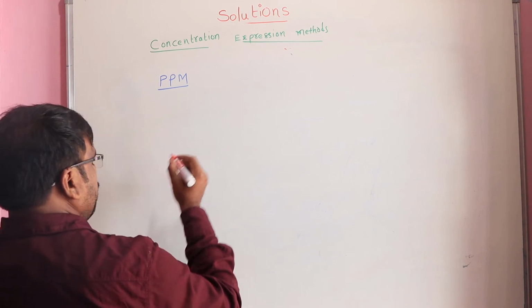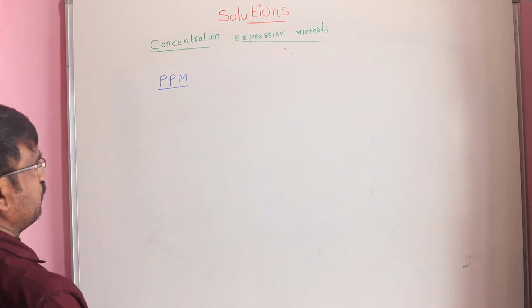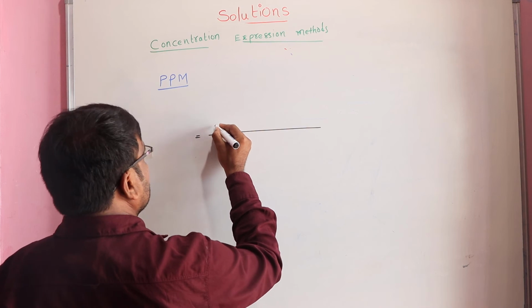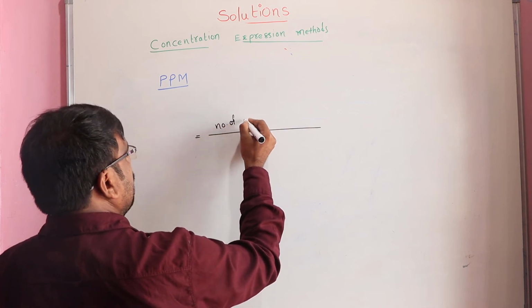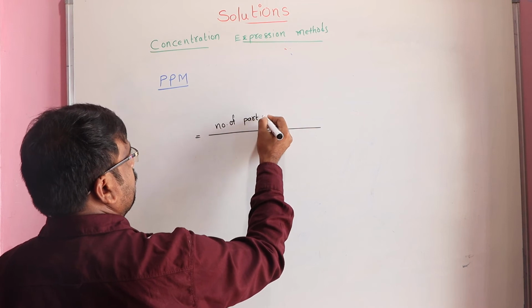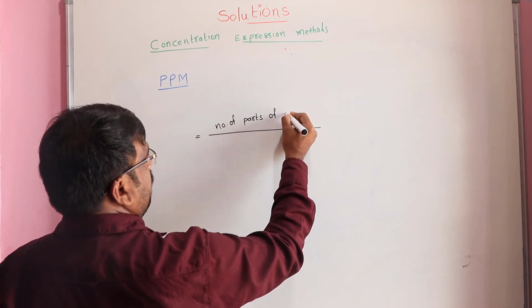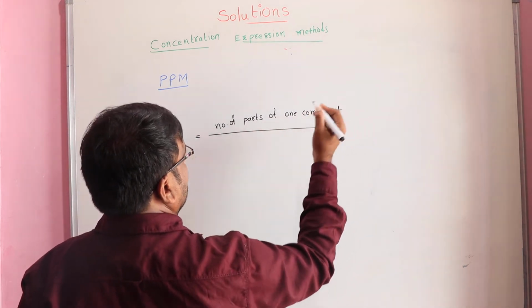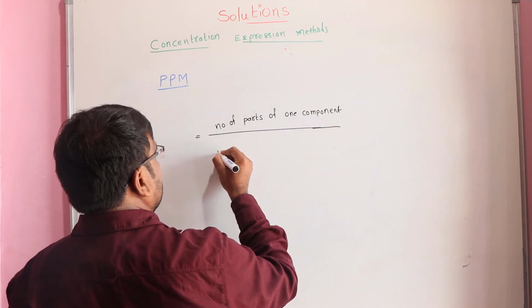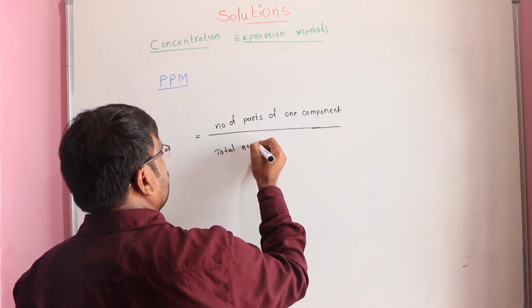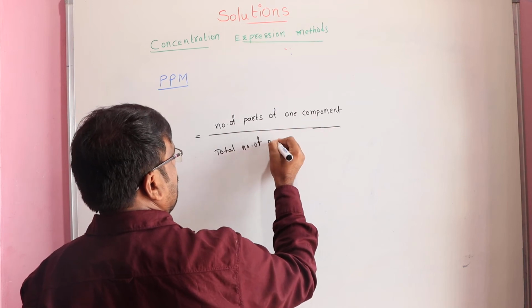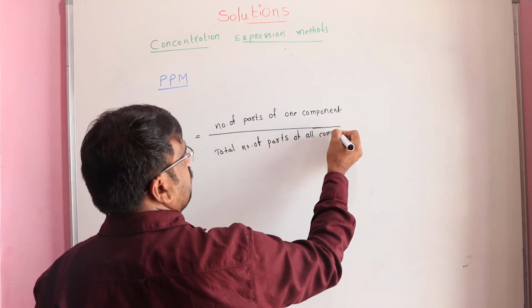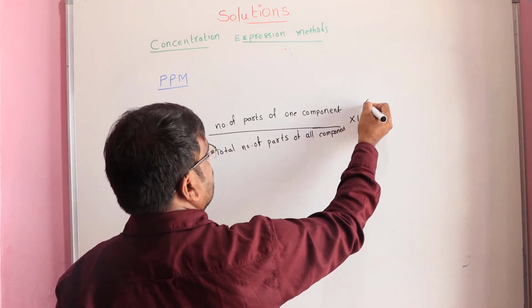See here what formula we are using to express the ppm: number of parts of one component divided by total number of parts of all components, into 10 power 6.